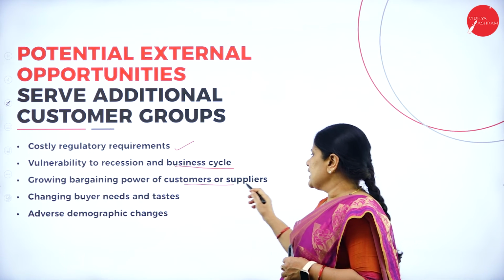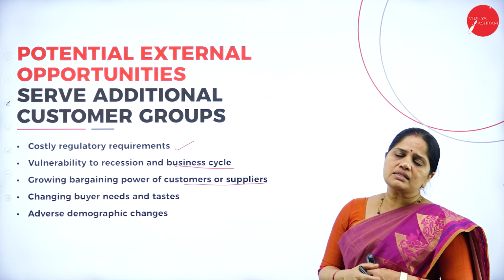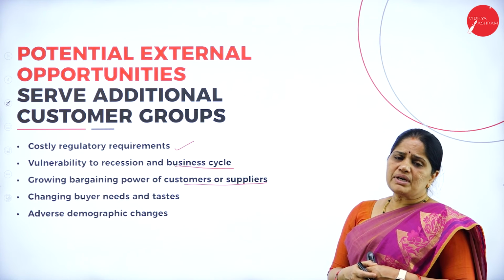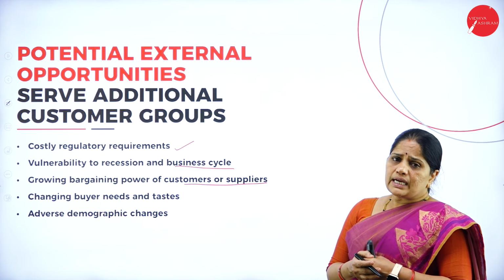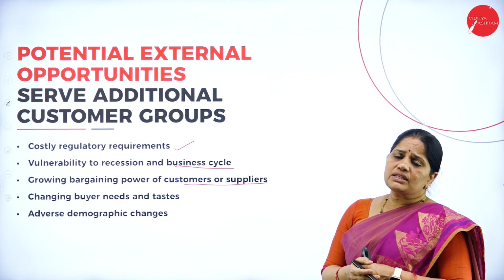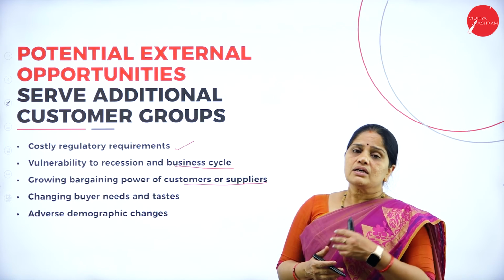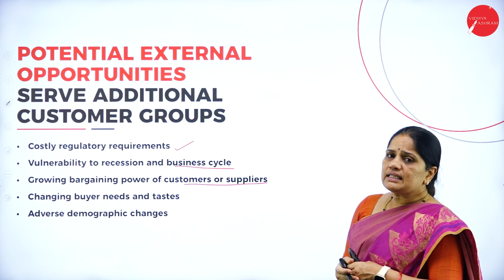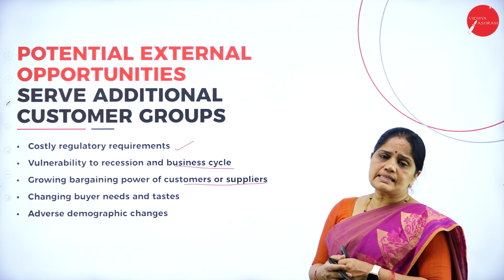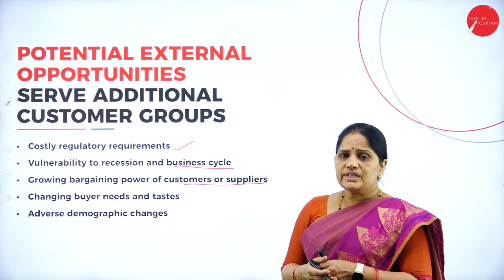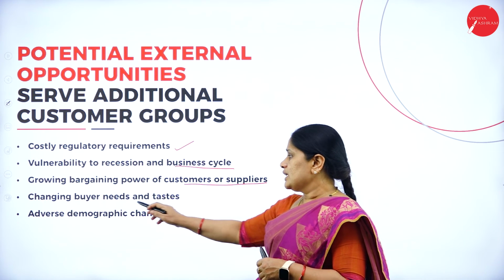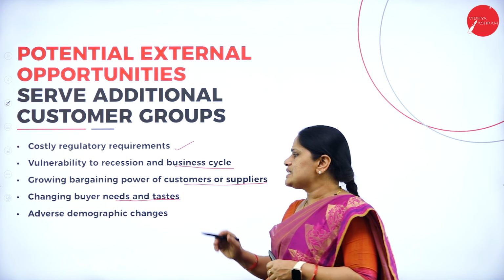The growing bargaining power of customers or suppliers. So the customer is the king, we say. And as such it is the duty of all businessmen to satisfy the king. So we have to see that the customer's tastes and preferences are taken care of before we decide on a strategy. Then changing buyer needs and tastes.